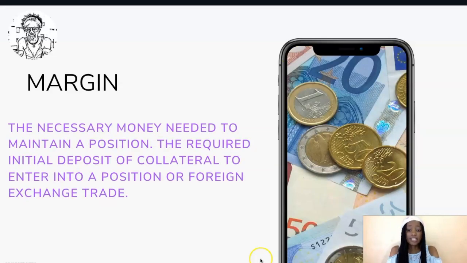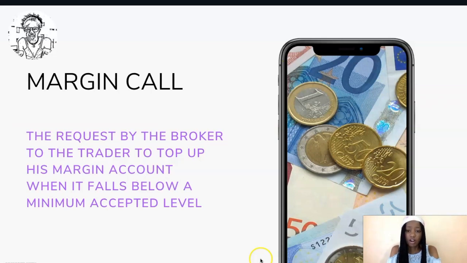A margin is the necessary money needed to maintain a position, or you can just call it the initial deposit that is required for you to start trading. And a margin call is the request by the broker to the trader to top up his margin account when the margin account falls below a minimum accepted level.